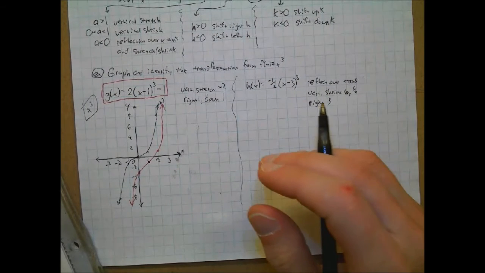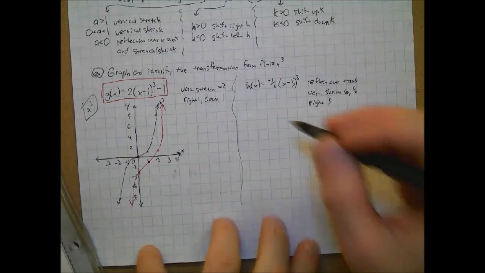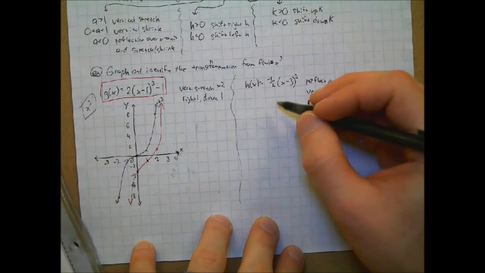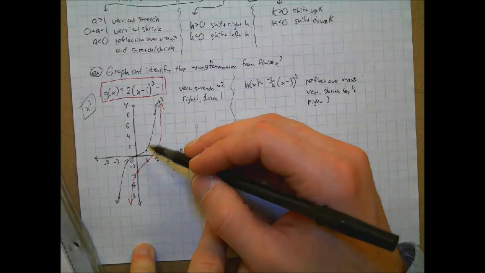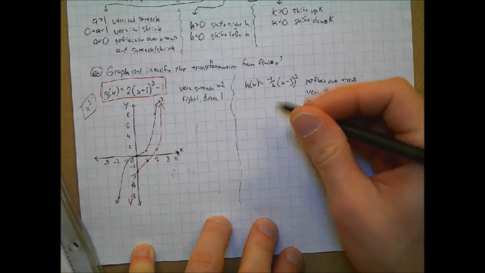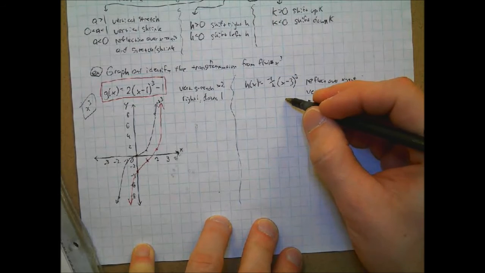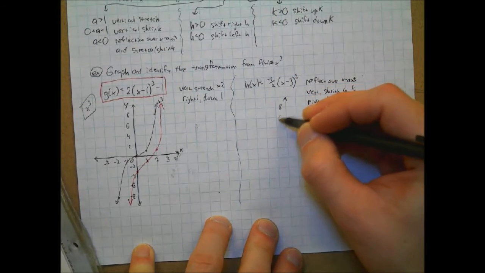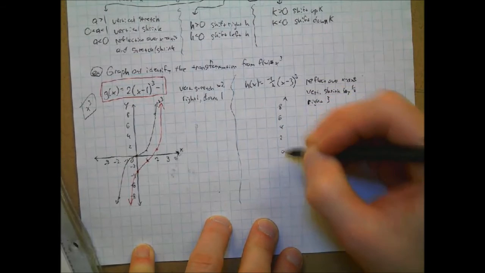Okay. So again, just for this purpose, I'm going to go ahead and graph my old x cubed, the original parent function x cubed, and then we'll graph this as well. So let me see if I can fit this on here. I'm going to try and do the same thing I did before here. So 8, 6, 4, 2, 0, -2, -4.